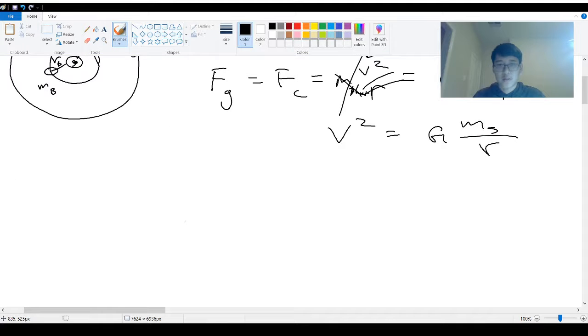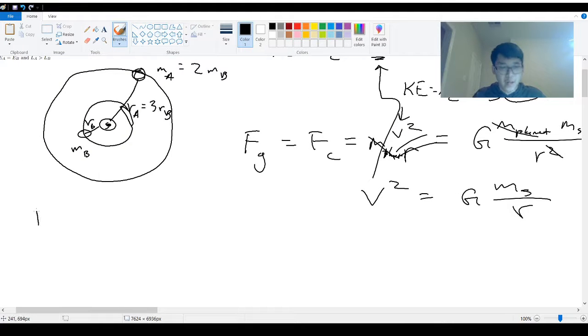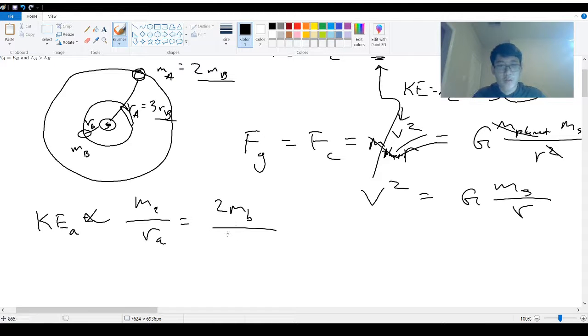So let's look at the kinetic energy of planet A. The kinetic energy of A is proportional to the mass of A over the radius of A, and since we were given it in terms of B, let's write it in terms of B. So mass of A is 2 mB divided by 3 radius of B, right?